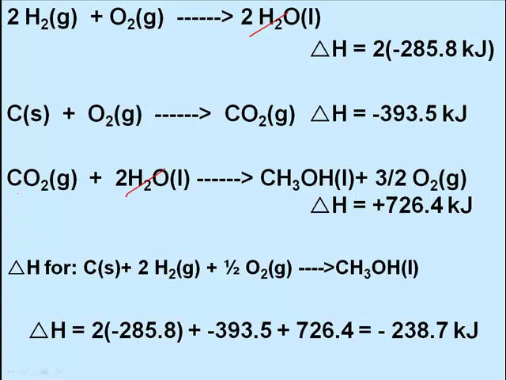The CO2 gas on the left cancels out the CO2 gas on the right. Methanol doesn't cancel. You have 3 halves O2 on the right and 2 O2s on the left. So that leaves you with a 0.5 O2 left over as those cancel out. You've got carbon on the left, you've got 2 hydrogens on the left, plus a half of oxygen. So here's our left side of the equation, and our right side of the equation is just the methanol.